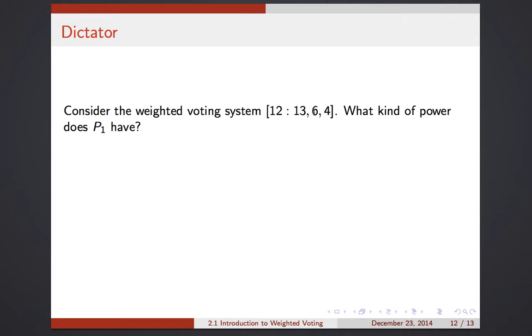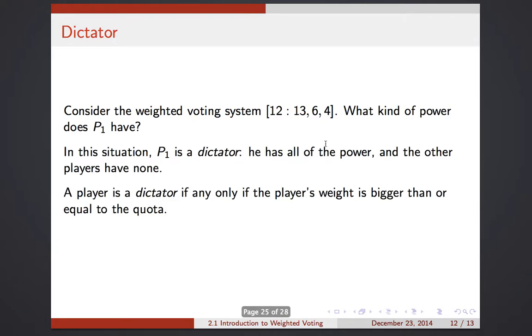Player 1 does not need player 2 or player 3 to pass something, right? Furthermore, player 2 and player 3 don't have enough power to pass something on their own, because 6 plus 4 is 10, which is smaller than 12. So in this system, player 1 entirely determines whether something passes or fails on his own.